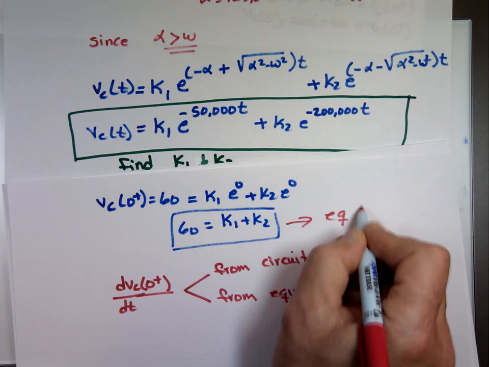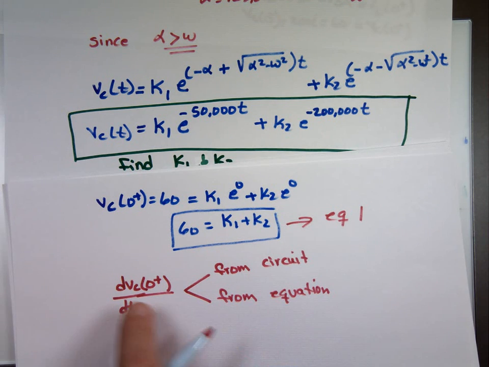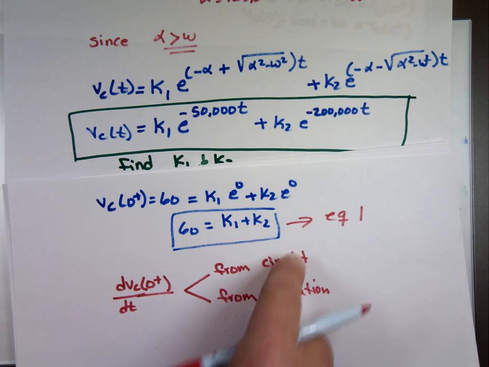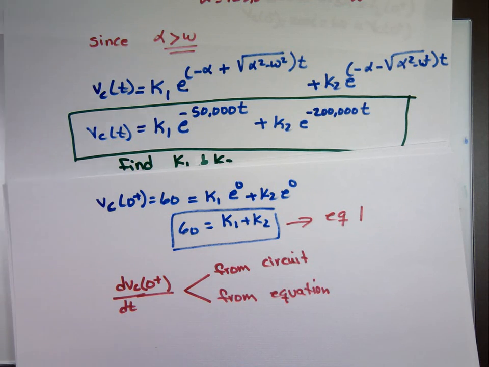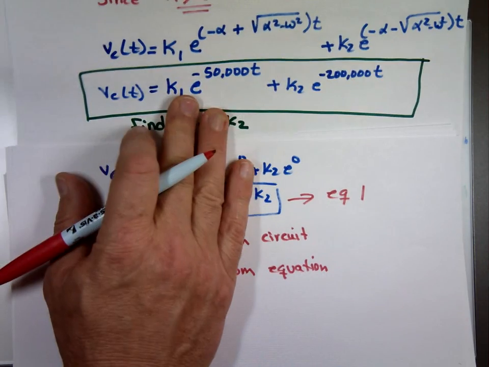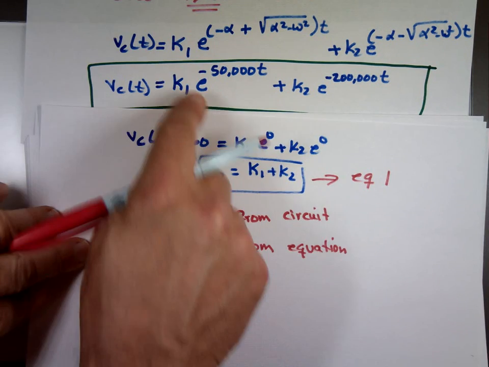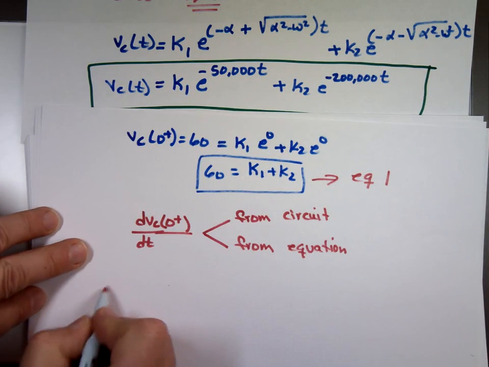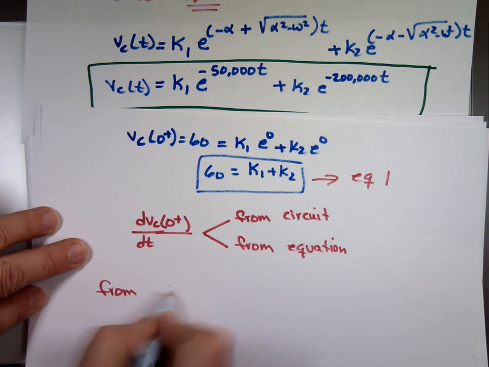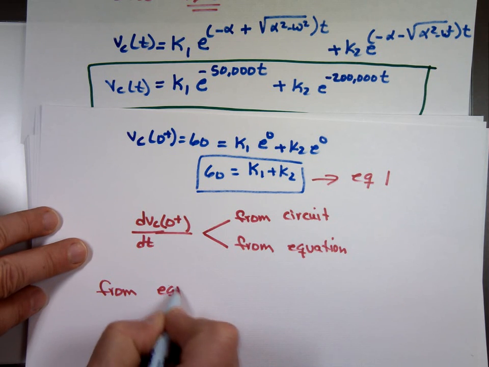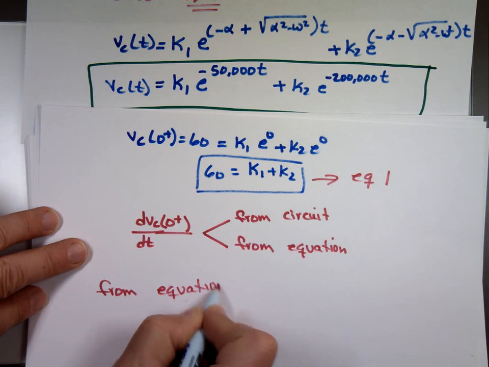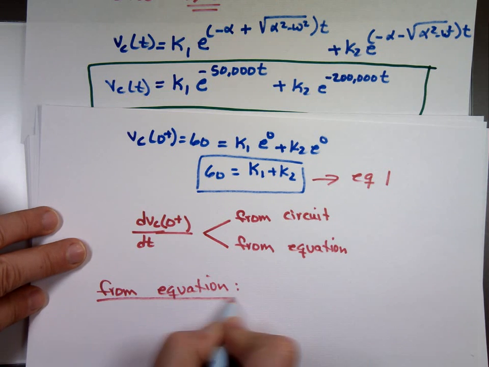To get the second equation, I need to know what the derivative of the voltage at 0 is from the circuit and from the equation. While we're doing the math, I'm looking at the equation right here. Let's take the derivative of that. So here we go. Let's do the derivative from the math. From the equation, this is the voltage.